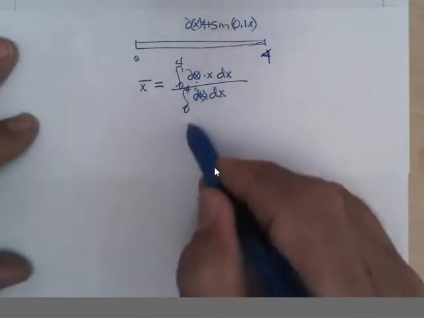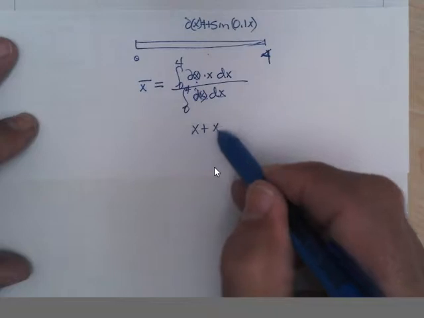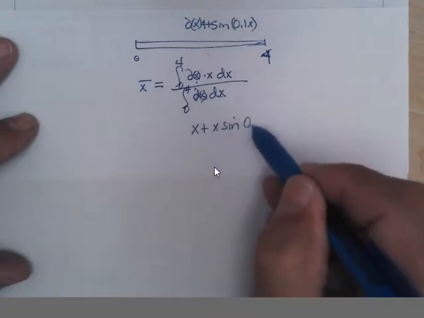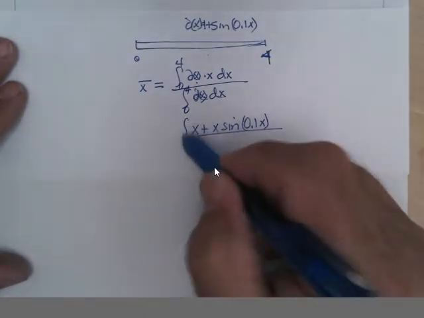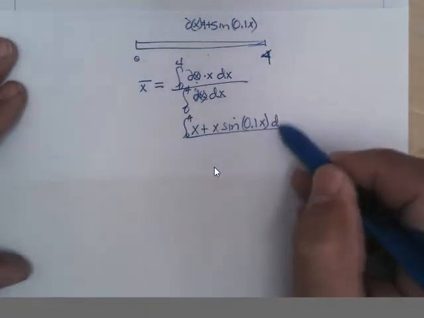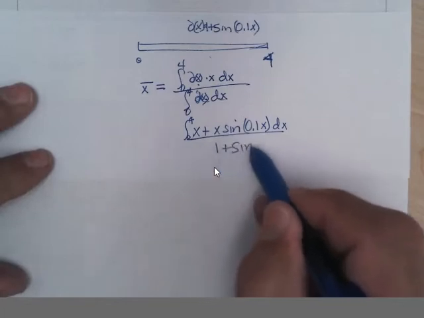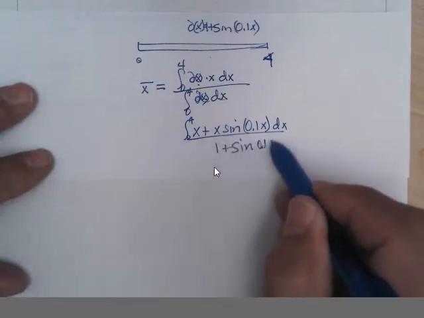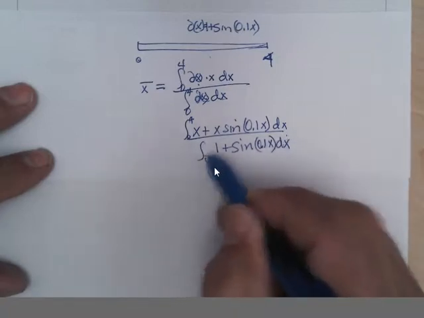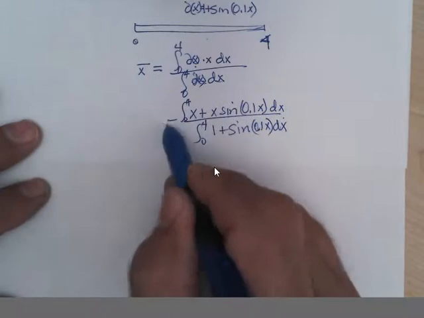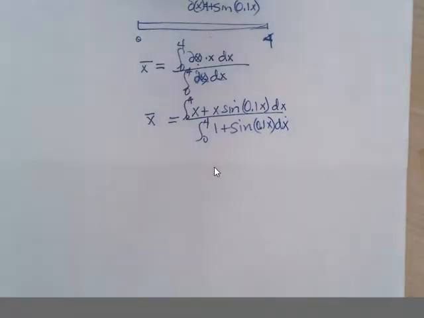So we get x times this, so x plus x sine 0.1x integrated from 0 to 4 dx over 1 plus sine of 0.1x dx integrated from 0 to 4. And that should give us the center of mass. And it should be a number somewhere between 0 and 4.